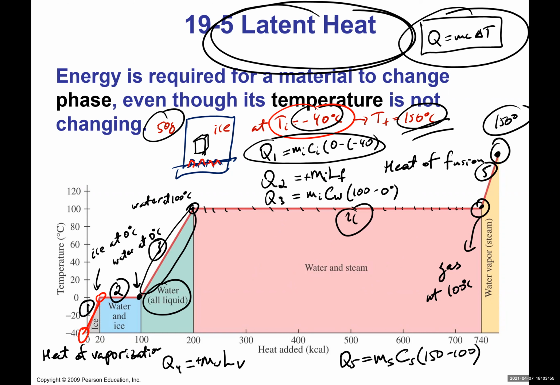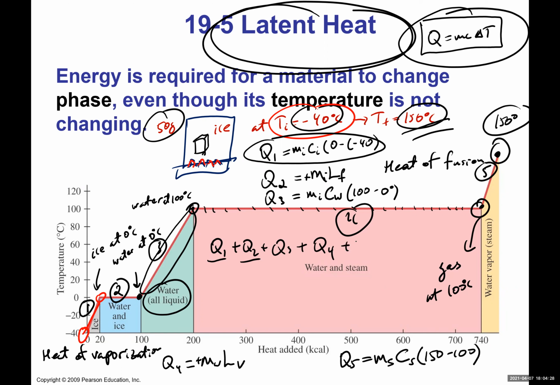As you can see, to get that, we needed energy for stage 1, which increases the temperature of ice from -40 to 0, then stage 2, where we melt the ice. Then stage 3 takes the melted ice, now liquid water, and increases its temperature all the way to 100 degrees. Then stage 4 evaporates that liquid water to steam.